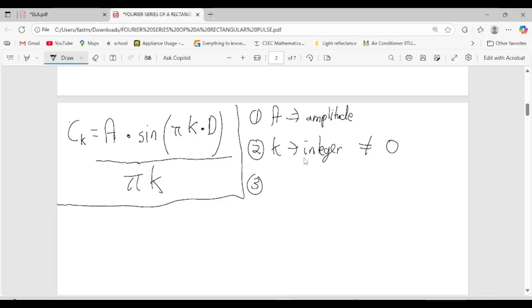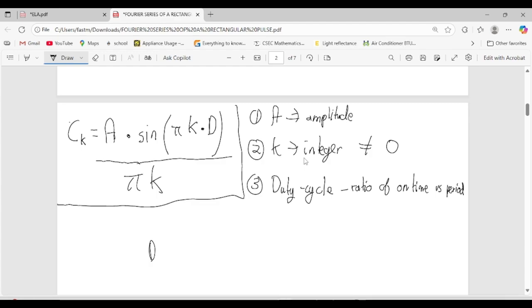And the third thing, D. You see this D? The D is called the duty cycle. And it is just a ratio of the on time versus the period. That's basically what a duty cycle is, just to keep it real simple.